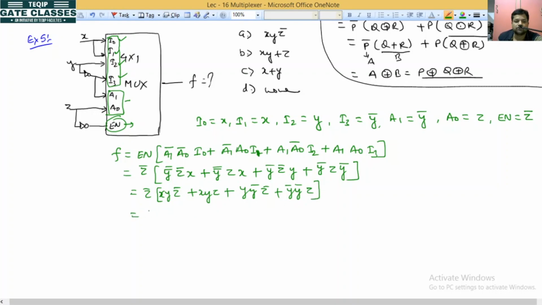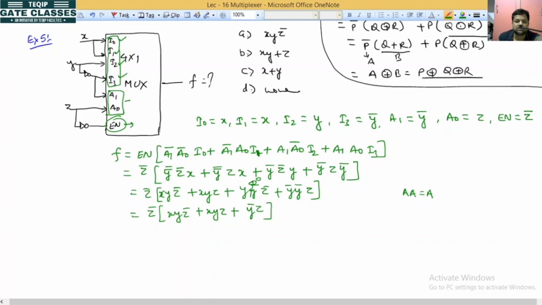Now if you see here, it will be x y z bar plus x y z plus y bar y is 0, and y bar y bar is y bar only, because A equal to A, we know that, so it will be y bar z.